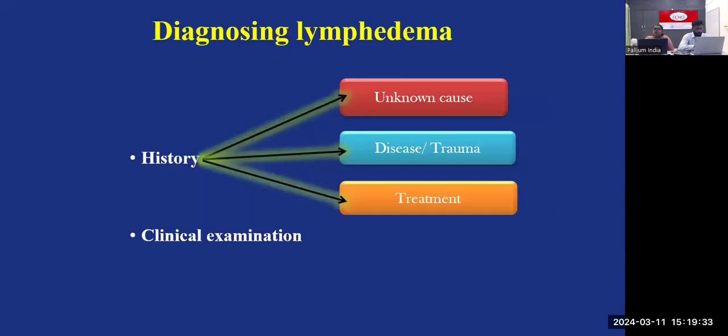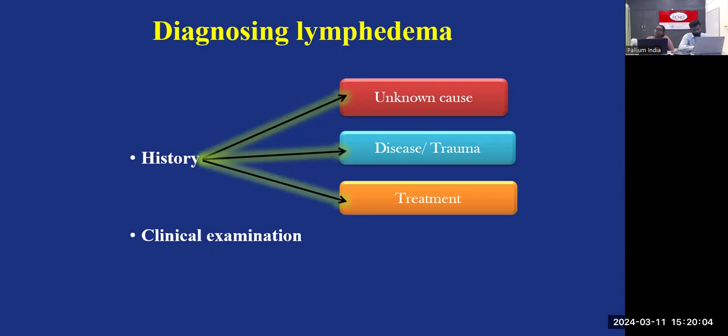So how can we diagnose lymphedema? We know not all edema is lymphedema. Other disease conditions can also cause edema. If the patient has chronic renal failure, the patient can develop lower limb edema. Cardiac failure patients can develop edema.